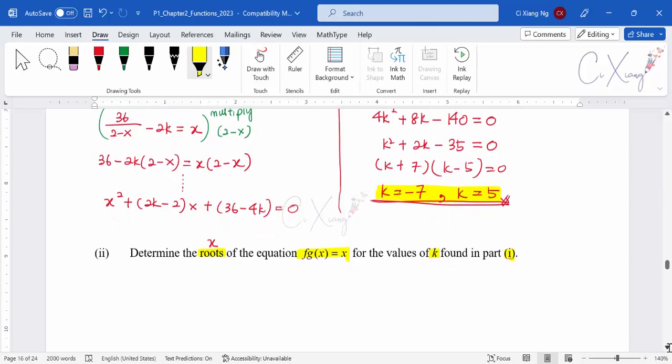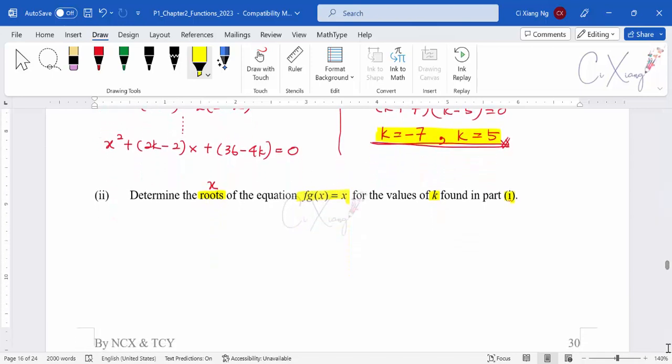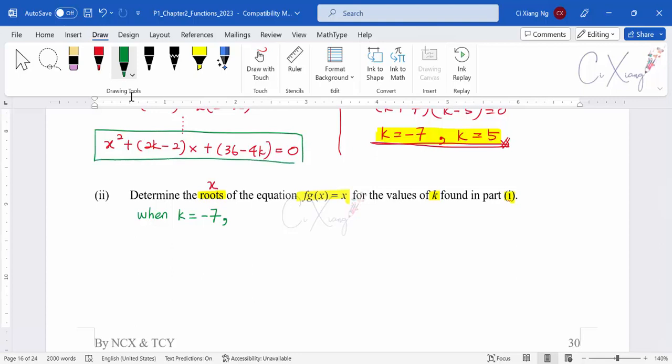Okay, so now I'm having two parts of solution. First one is when k equals negative 7. Please substitute into this quadratic equation so that I can further simplify and get the answer for x.